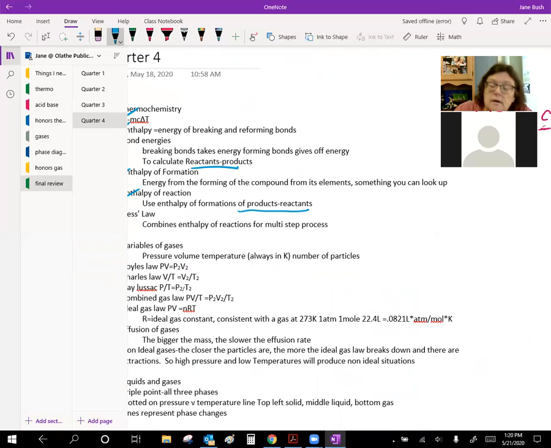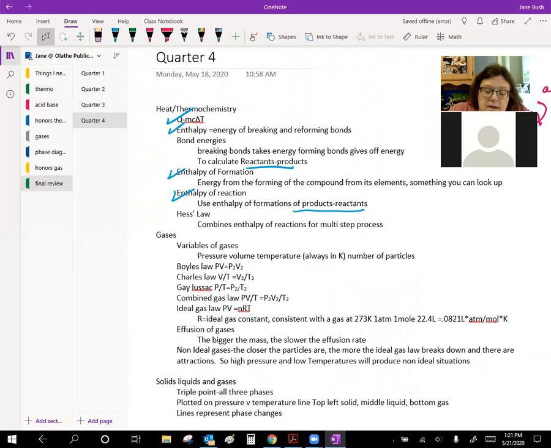For energy of formation, it's reverse, okay? And you could calculate a reaction doing bond energies, or you can do it the other way. They both work. But the bond energies, you have to count all the little bonds up. I don't remember seeing one of those on the final, so I think we're probably good with that, but I'm going to hit it just in case my memory isn't good.